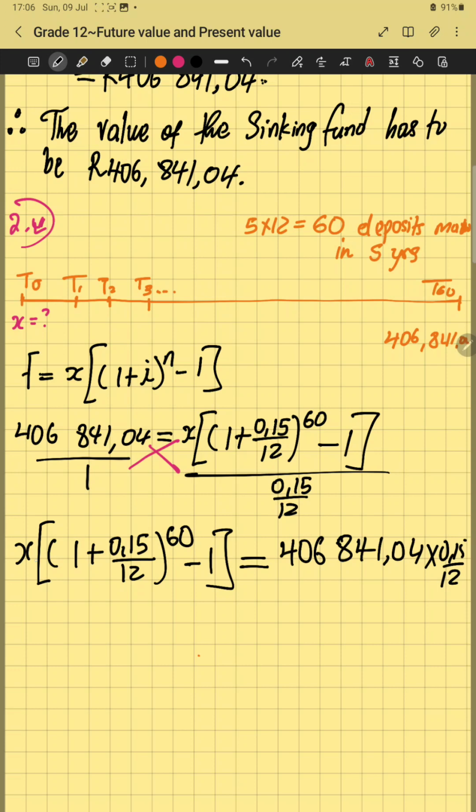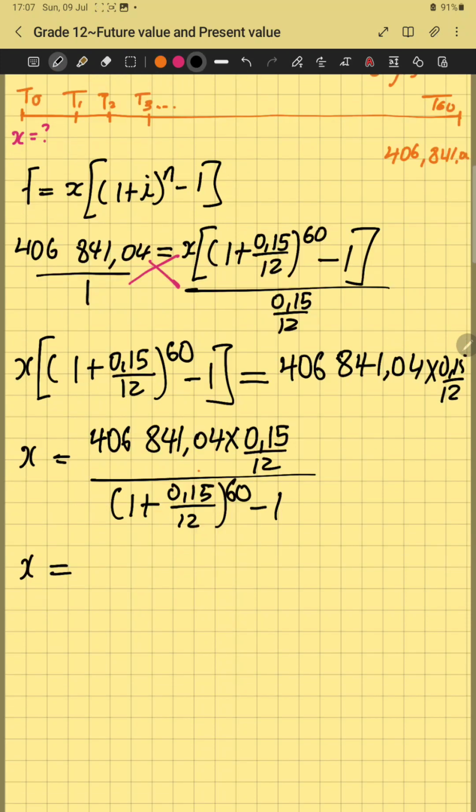Now we want to get rid of this value here. All right, so what do we do if we want to get rid of this value? We have to divide on both sides. Okay, so then we're going to be left with X. All right, then this is the value that we have on the right hand side.